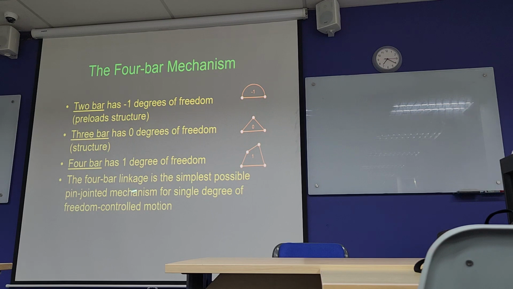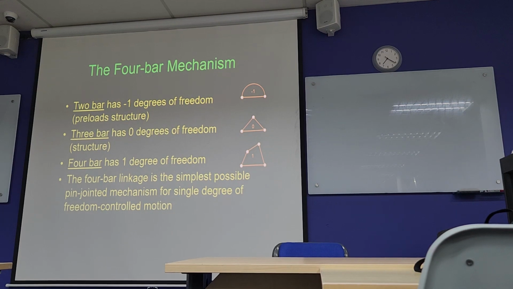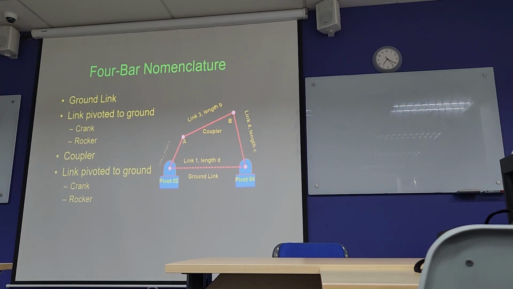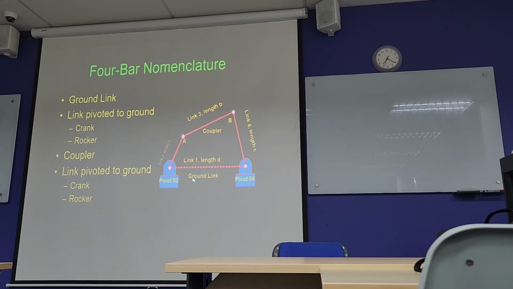For the 4-bar mechanism, you can see the degree of freedom will be 1, and therefore we can consider this a mechanism. Now, when you talk about a 4-bar mechanism, the first one is the ground link. Please note all of you carefully, we'll be using the abbreviations.